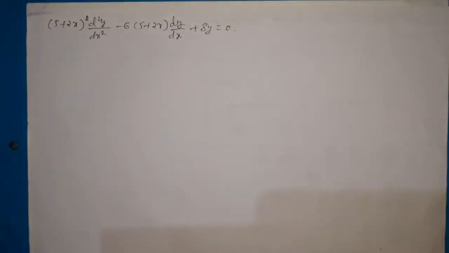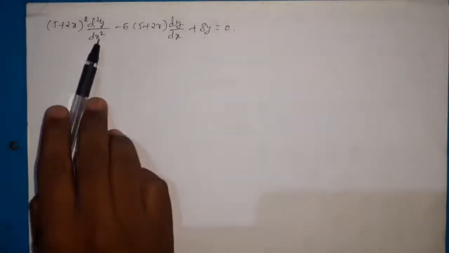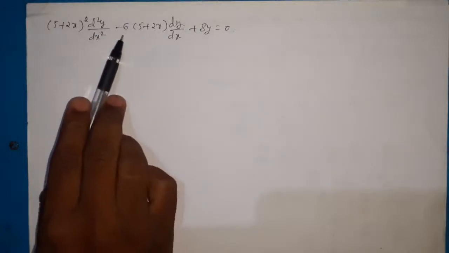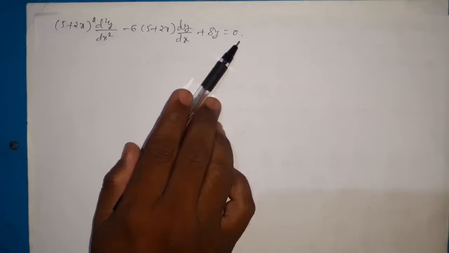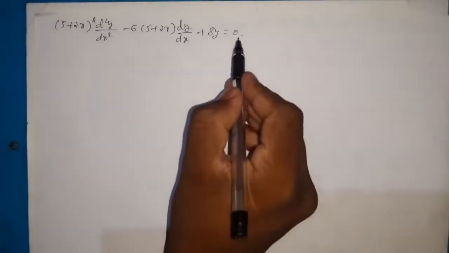So let us consider one example on reducible to linear differential equation in homogeneous form. Here the equation is (5 + 2x)² d²y/dx² − 6(5 + 2x) dy/dx + 8y = 0. Here the RHS is 0.